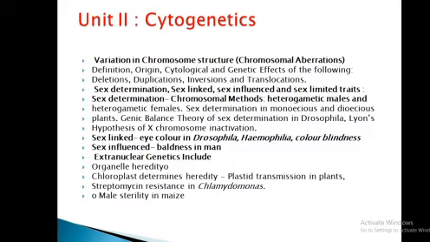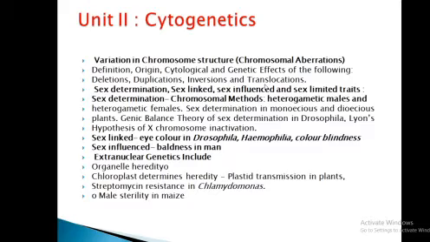Unit number 2 belongs to cytogenetics. In this cytogenetics, variation in chromosomal structure is called chromosomal aberrations, or more accurately structural aberrations, which deals with the different types of structural aberrations like deletion, duplication, inversion, and translocation.